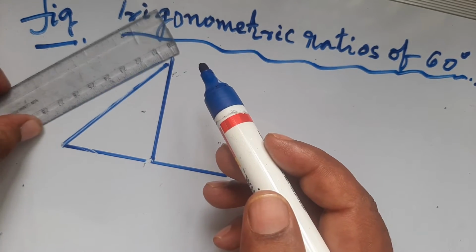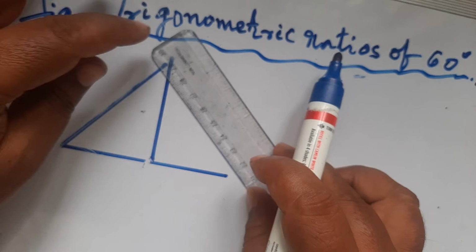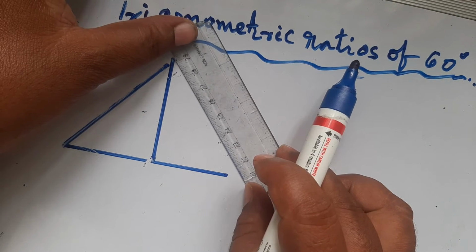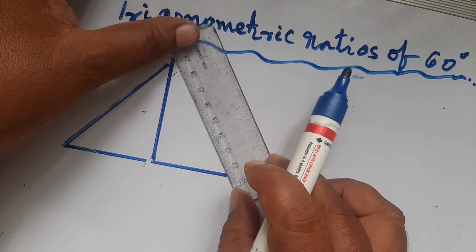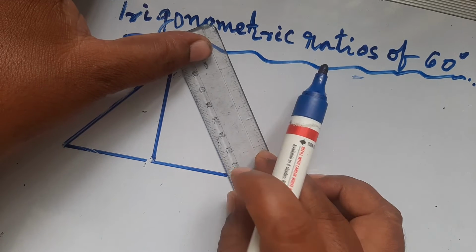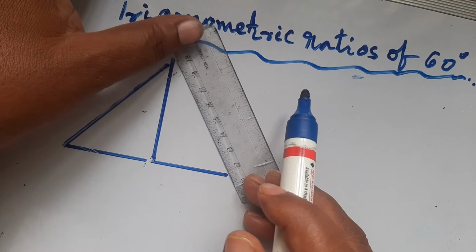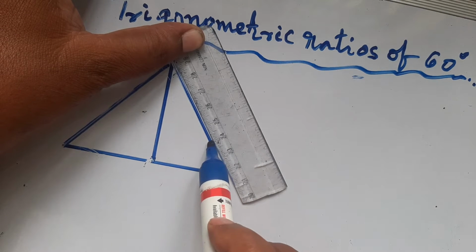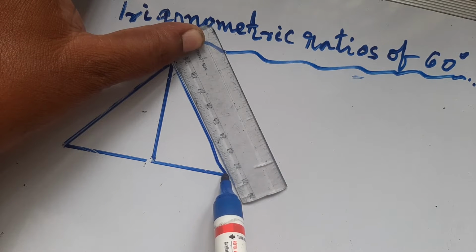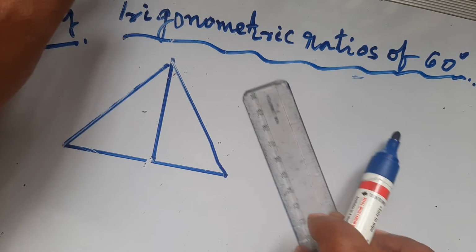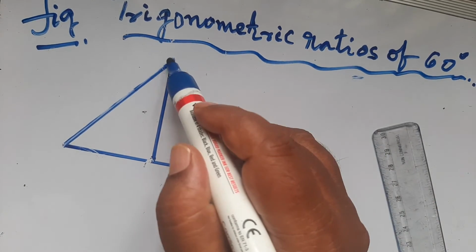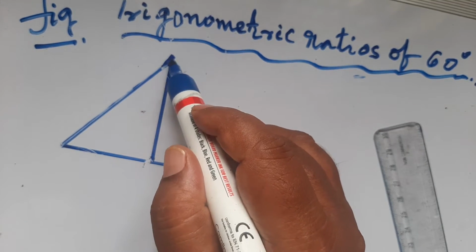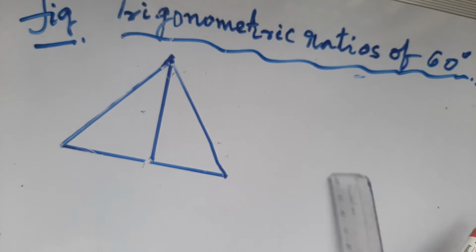Okay. Next, this is an equilateral triangle.